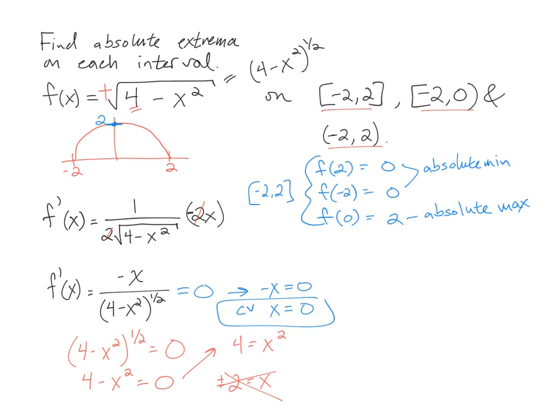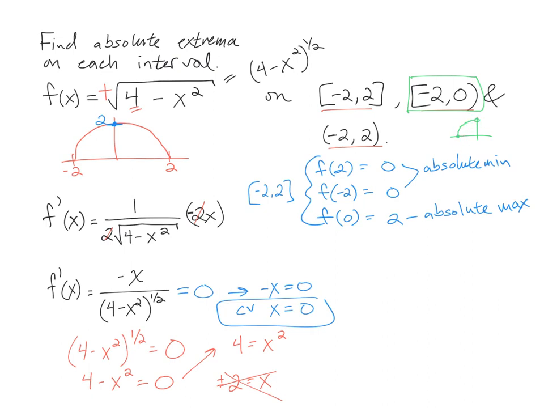Say, for example, we talk about this particular interval. Let's give it a different color. -2 to 0, but we leave 0 open. We leave that side open. So as far as the graph is concerned, we're looking at something like this now. Since the highest point on this graph here is no longer included, we no longer have an absolute maximum.